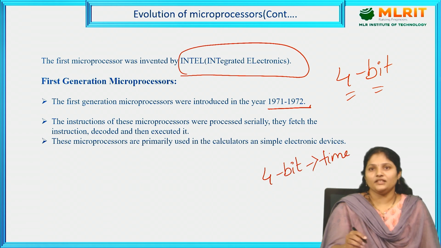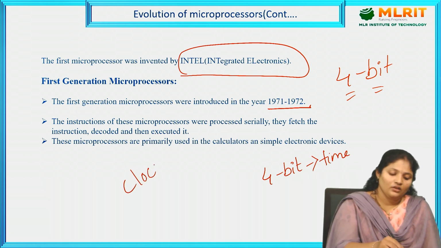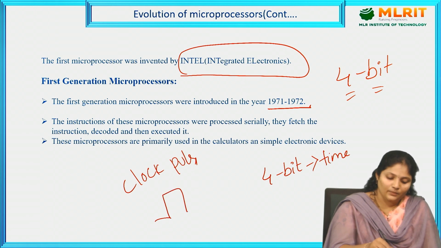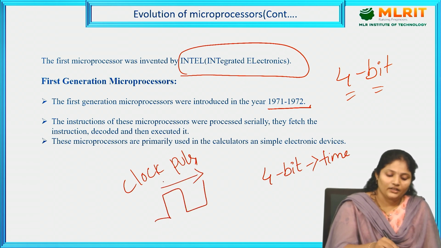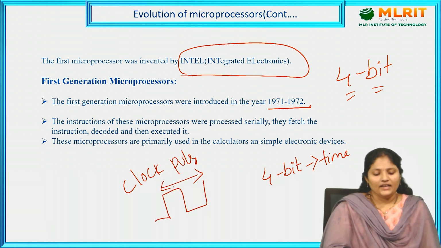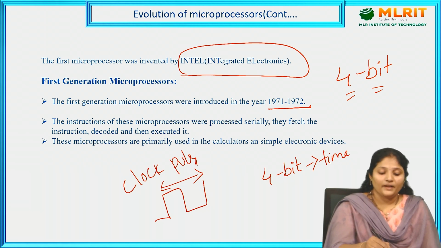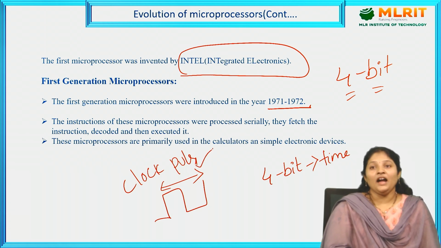Now, what is a clock and what is a clock pulse? A clock pulse looks like this. This is one complete clock pulse. If we consider the clock as the heart of a human being, then the clock pulse is the heartbeat which keeps synchronizing the parts of the body.